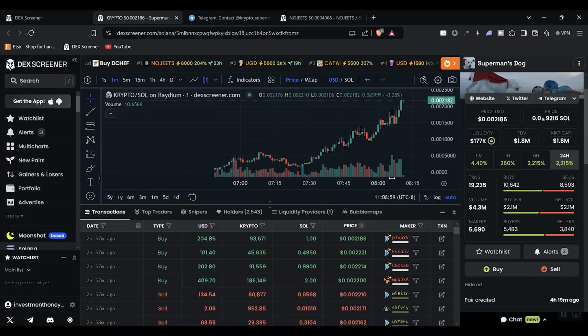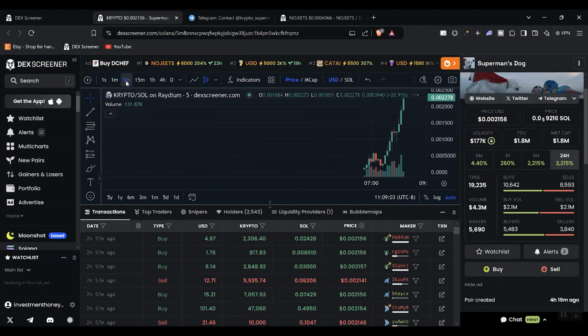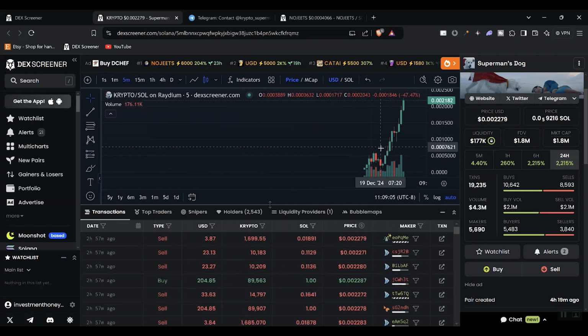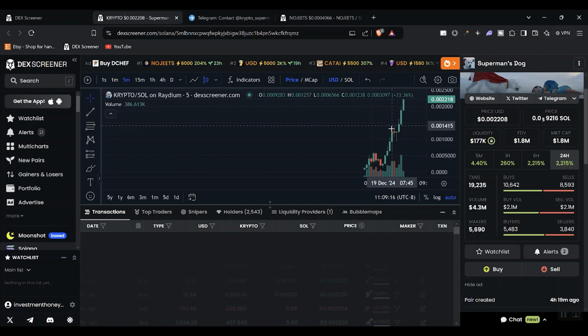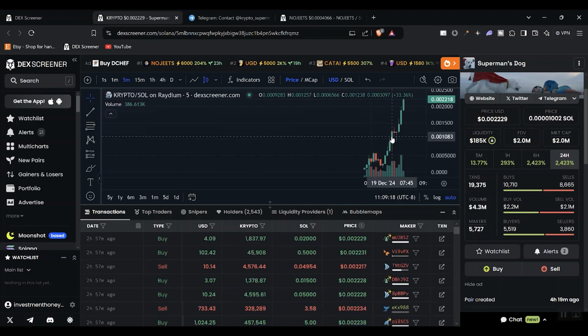So, all right. Either way, and this is on our 1 minute tick. If you look at the 5 minute here, you can see, and I've told you guys in another video, I'm not crazy about the tokens that have this pattern with respect to an entry. Now, does this look healthy?